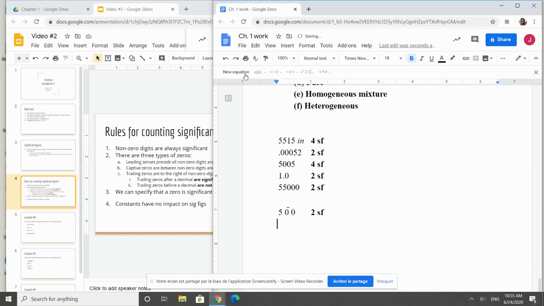Another way is you could put a dot next to it. That only works if the 0 is in the ones place. It shows that that 0 is significant, which makes the 0 between the 5 and that 0 a captive 0, so it's also significant. So 3 sig figs. And then if you have a constant, so let's say I've got 45 pi, that pi doesn't impact anything. That's 2 sig figs.